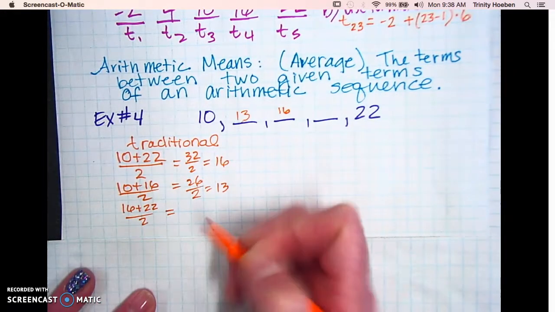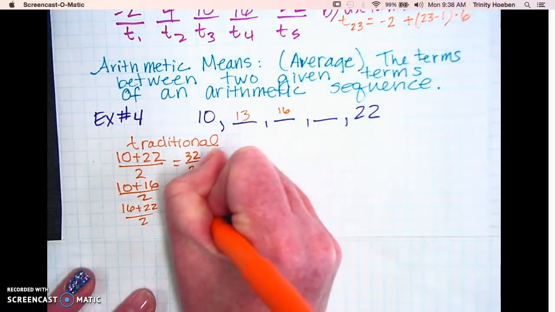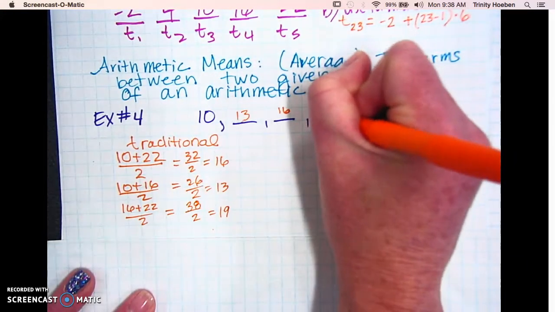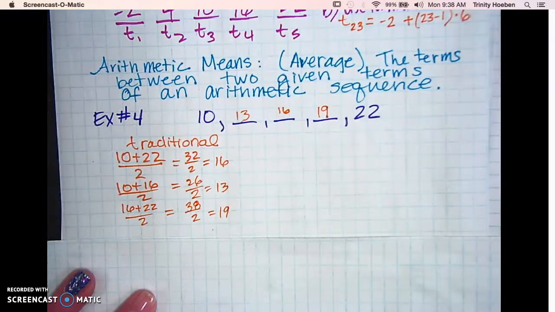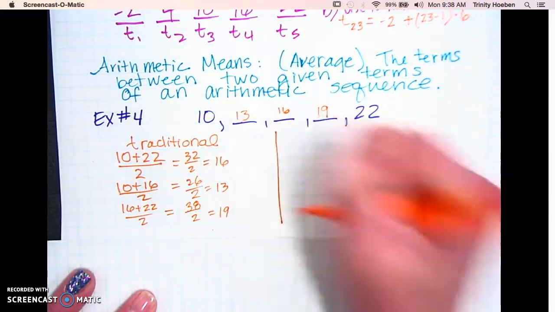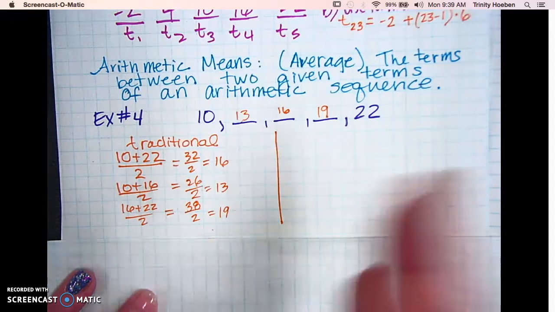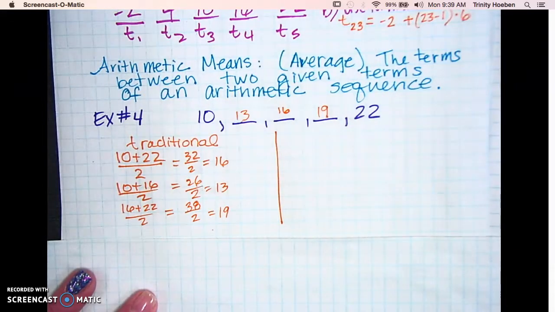So 16 plus 22 is 38. Divide them by 2, and we get 19. Right? So that's the traditional way. That's one way that works, and you can get it. Even if you had different amounts of numbers in between, you can just keep finding averages until you've got it all filled in.